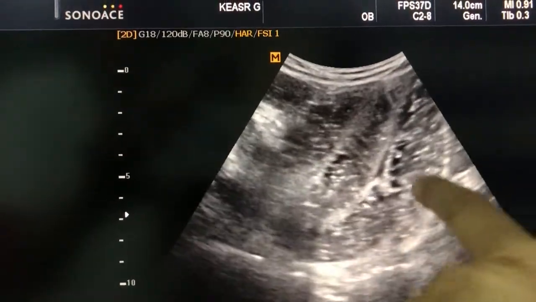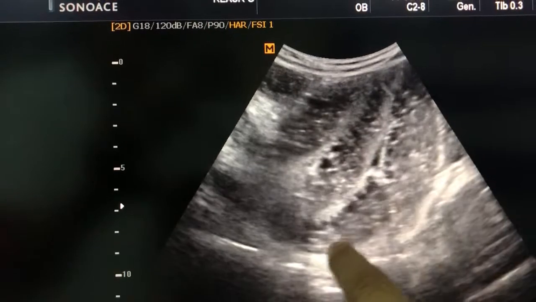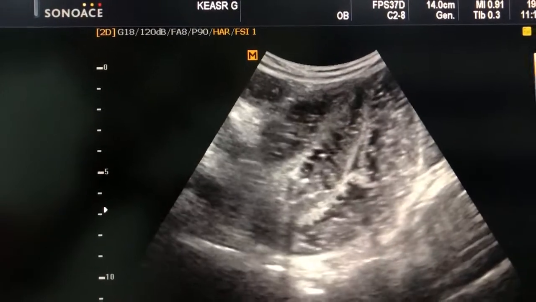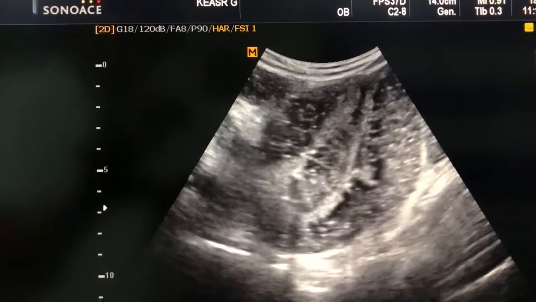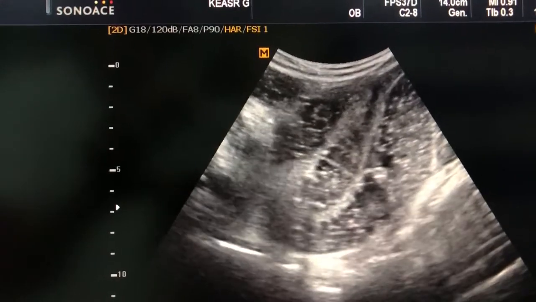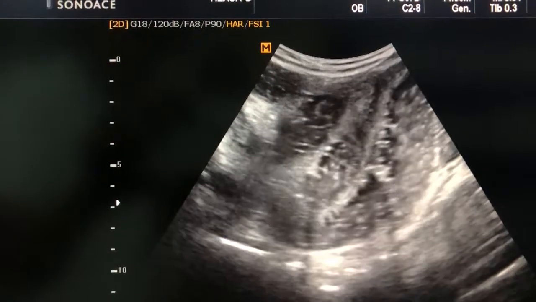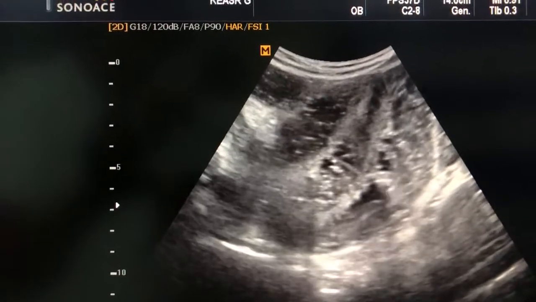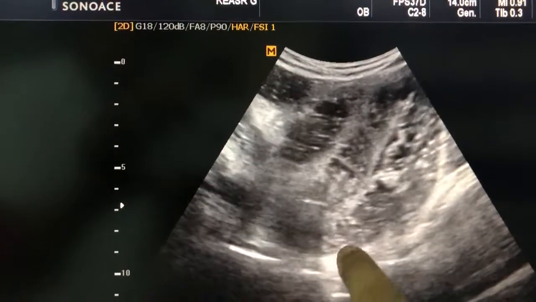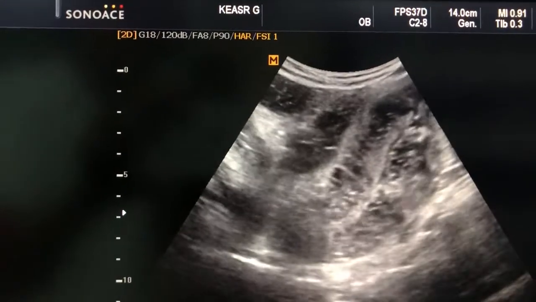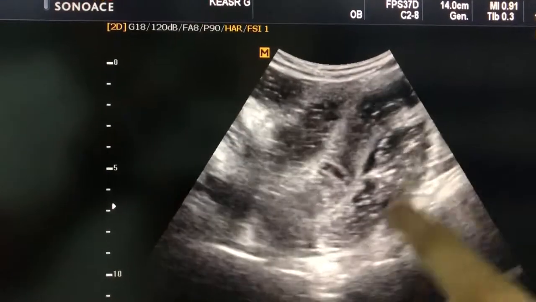You will see food is going upward, then it will come downward. Yes, now it is coming downward. Before it was going upward. Upward, downward, it will continue.